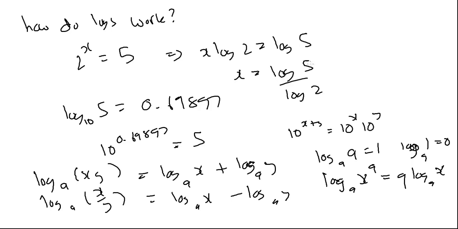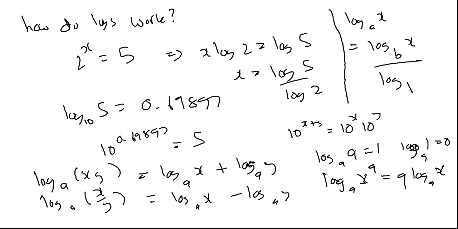The final relationship is when you're changing base. So it's just that log base a x is equal to log base b x divided by log base b of a.